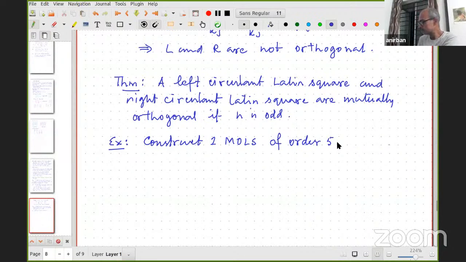So Euler's problem is all but solved for every odd square. But the even square is a little more complicated.